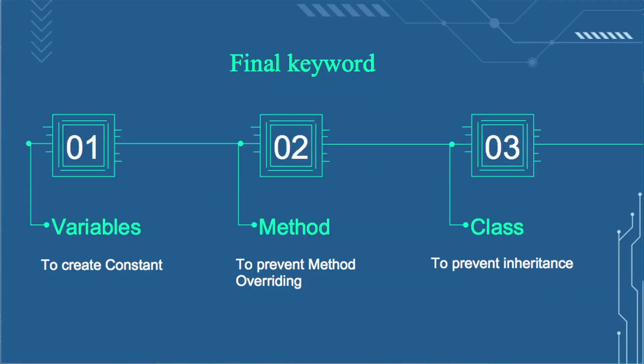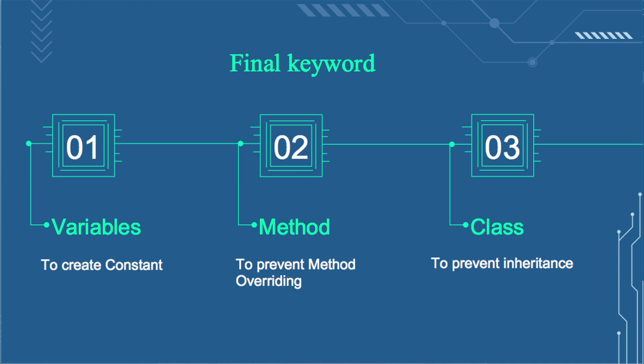If we declare a method as final, then it cannot be overridden by any subclasses. And if we declare a class as final, we restrict other classes from inheriting or extending it. In other words, final classes cannot be inherited by other classes. So, this was a brief introduction to the final keyword in Java.